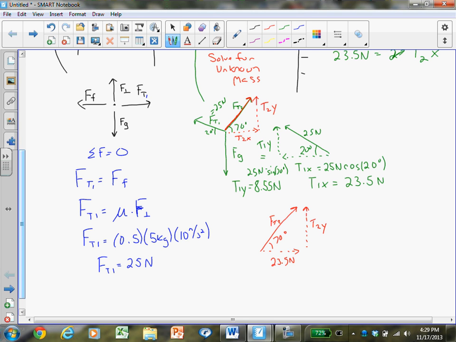Let's take our standard component in the x direction to find FT2. So T2x equals FT2 cosine of theta. But T2x is 23.5 newtons, equals FT2 cosine of 70 degrees.